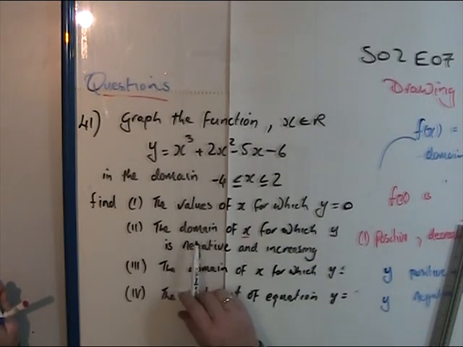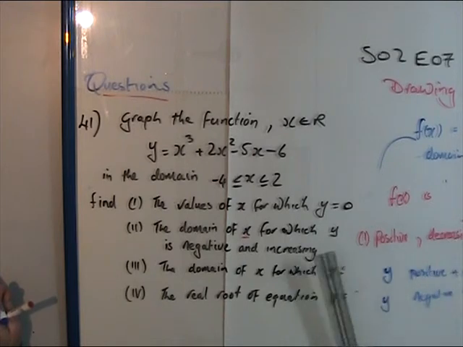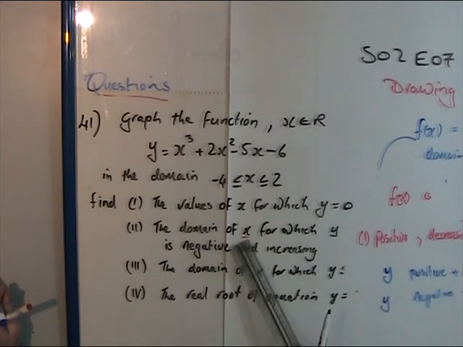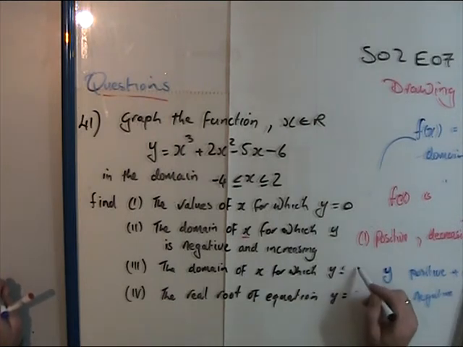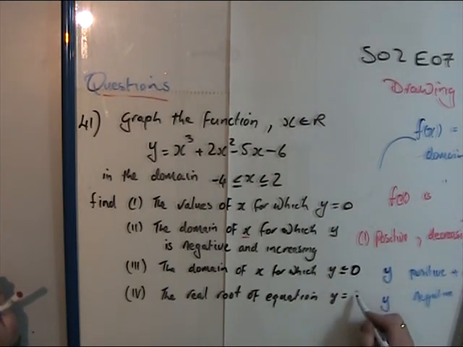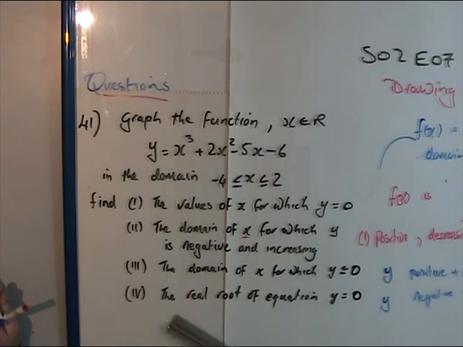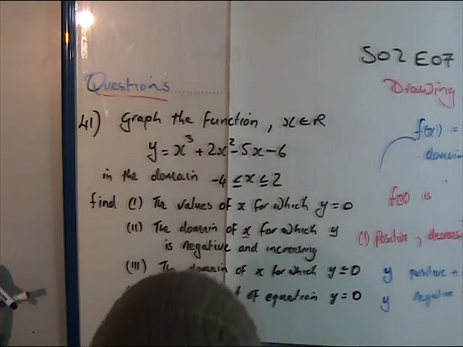Number 2, the domain of x for which y is negative and increasing. You have to find the values of x this time, not y. Find the domain of x for which y is greater than 0. This is greater than 0 and this is equal to 0. And find the real roots of the equation when y is equal to 0, which means find the solutions we got along the graph here. Okay, that's great. Do that question. Thank you.